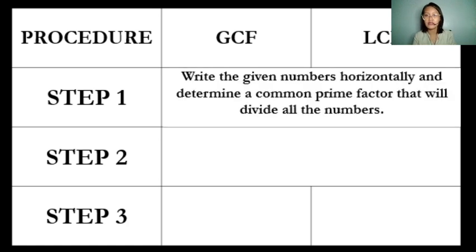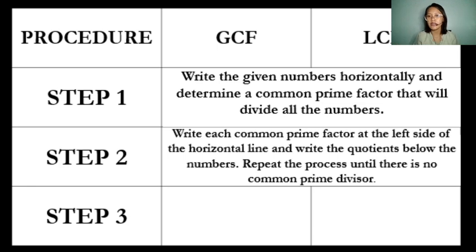Una, first step natin, write the given numbers horizontally and determine a common prime factor that will divide all the numbers. So, i-rewrite natin siya horizontally, parang kagaya siya ng division method natin kapag naglo-long division tayo, pero yung division sign natin ay pabaliktad para siyang naka-L lang.